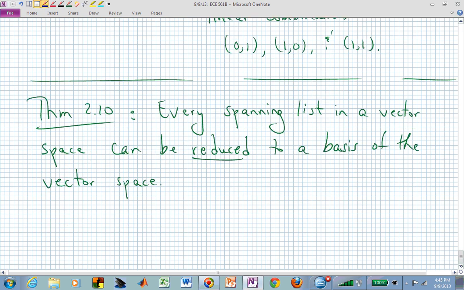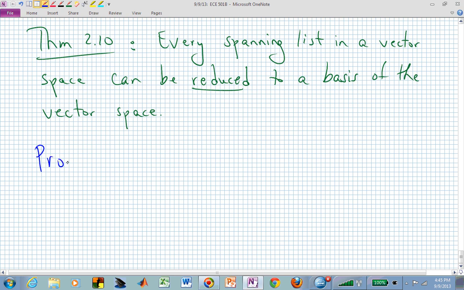If we wanted to try to justify that with a proof, then we could do the following. We could say, well, let's be given a list B of n vectors, v1 through v sub n.